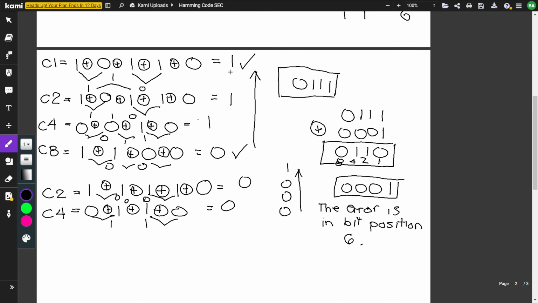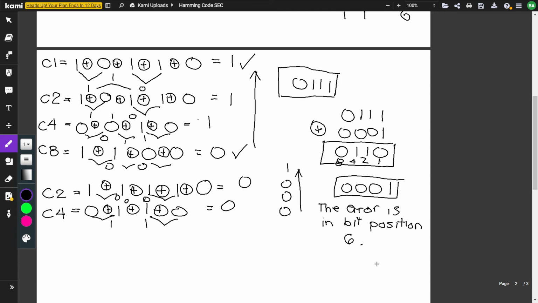And then, please don't forget the original values of C1 and C8, in proper order. So when I wrote it, 0001, and then getting the check bits of the word which has a single error, we have to XOR it with the check bits of the word that does not have the error, and then you will get 0110 for this example, which if we convert, we have 4 plus 2, we have 6.